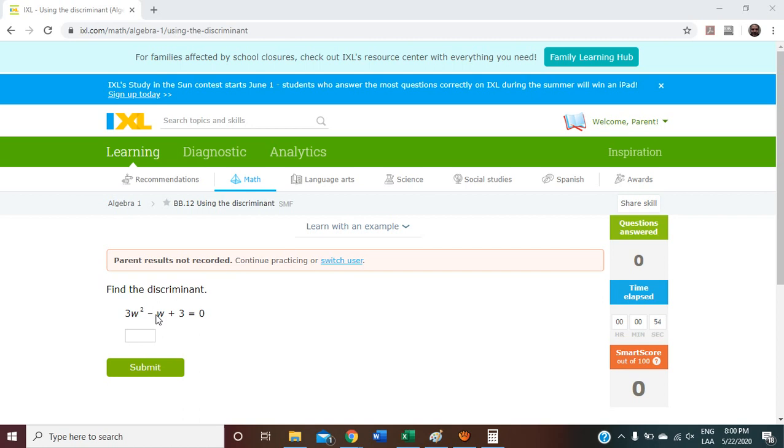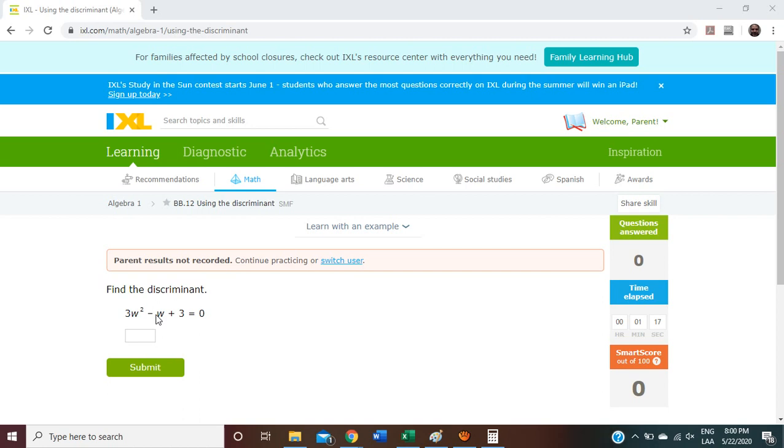How can we get the discriminant? It is actually easier than getting the values for the variable. If we have a valid quadratic expression or equation, it may have three possible results: one answer, two possible answers, or no real solution.